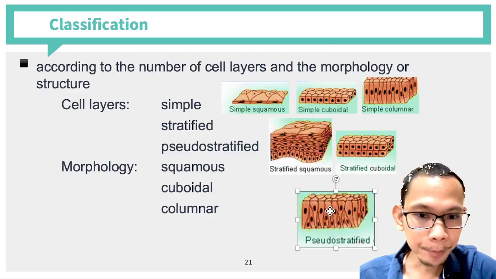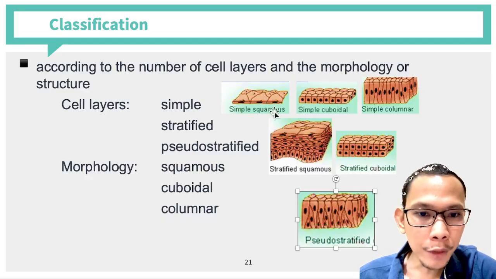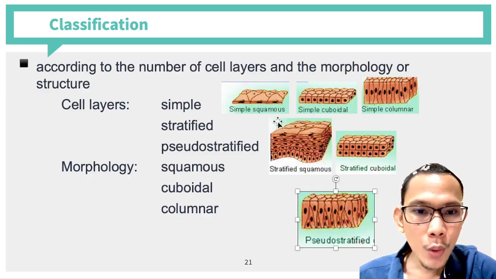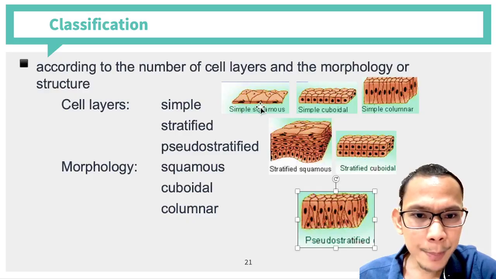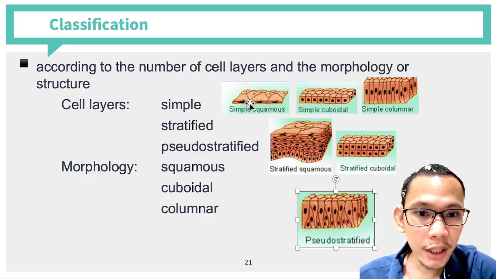Okay? Very good. Now, how about the morphology? Compare natin ang morphology sa squamous, sa simple, and sa columnar. Squamous, what you can see, these are flat cells. Ano ba itong mga parang dark spot here? That's actually your nucleus. These are one cell, another cell, another cell.